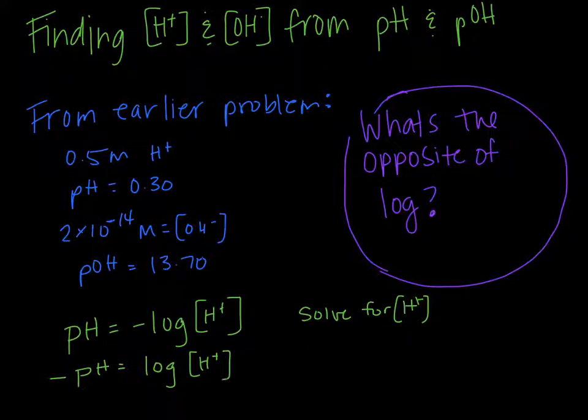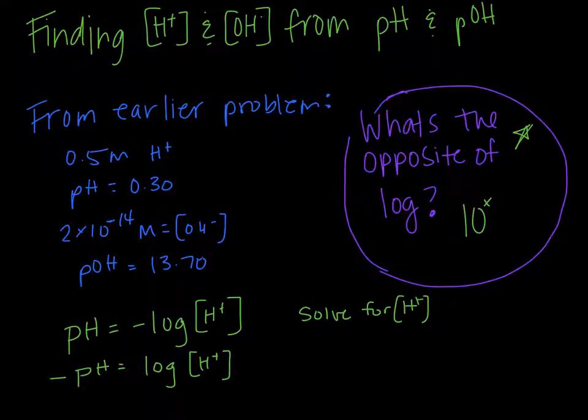of hydrogen. So how do we get rid of log? What is the opposite of log? When you look at a TI calculator, if you press second and then log, you get 10 to the x. There are lots of different bases you can use with logarithms, but we use base 10 for acids and bases.